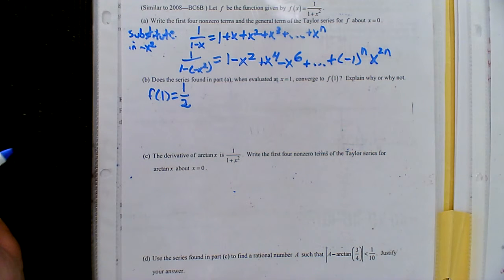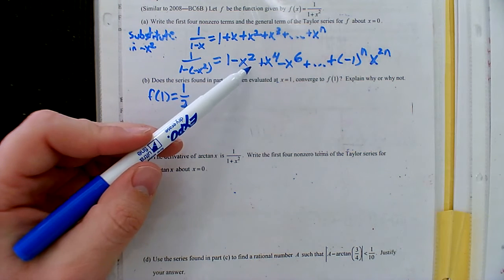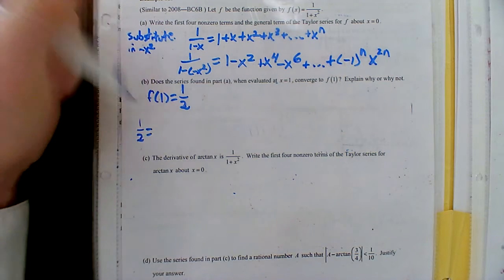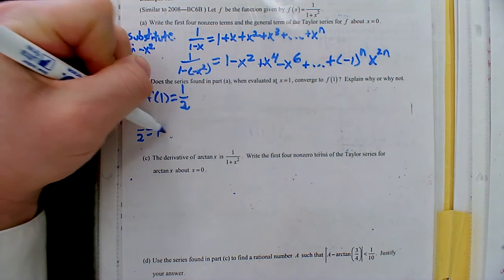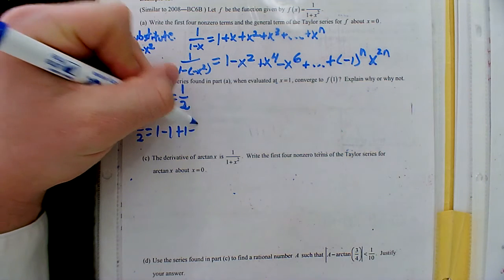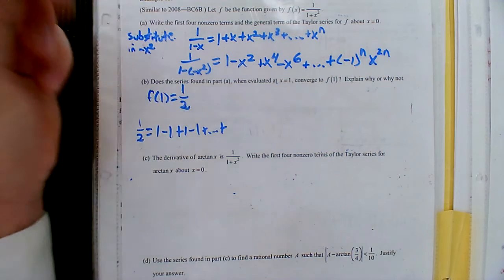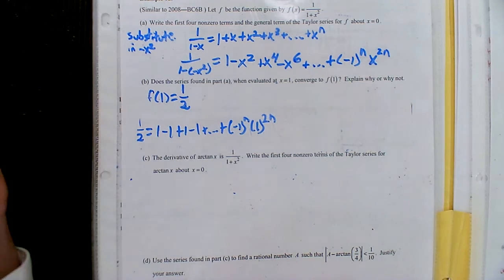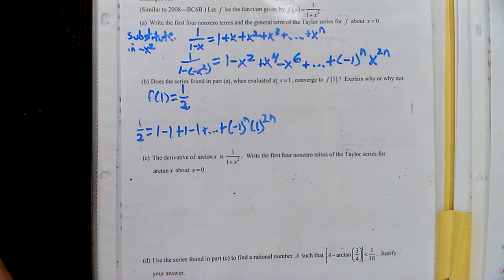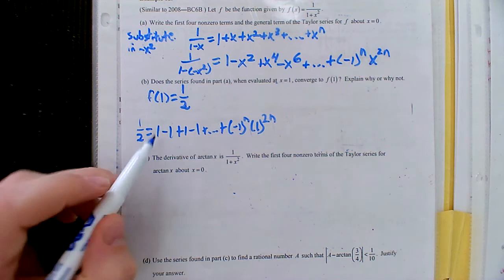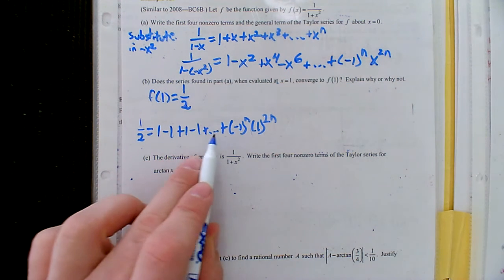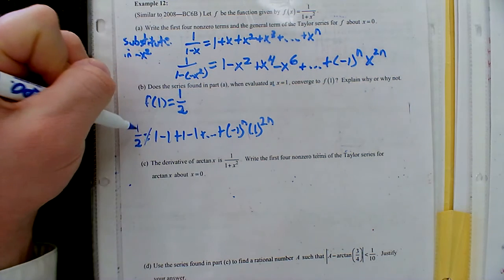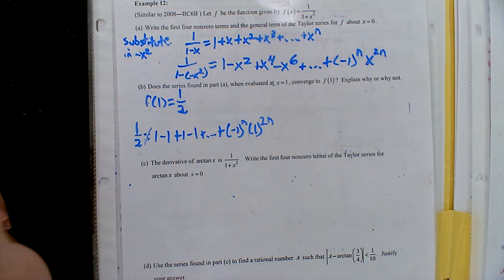So what we're actually going to do is take our series here, plug in 1, and see if they would equal. So 1/2 should be equal to the series when 1 is plugged in, where we get 1 minus 1 plus 1 minus 1 plus dot dot dot, general term. Are those ever going to equal each other? 1/2, is that ever going to equal 1 minus 1 plus 1 minus 1 plus 1 minus 1? No, they're not going to equal each other. So it doesn't seem like it's going to converge to f of 1.